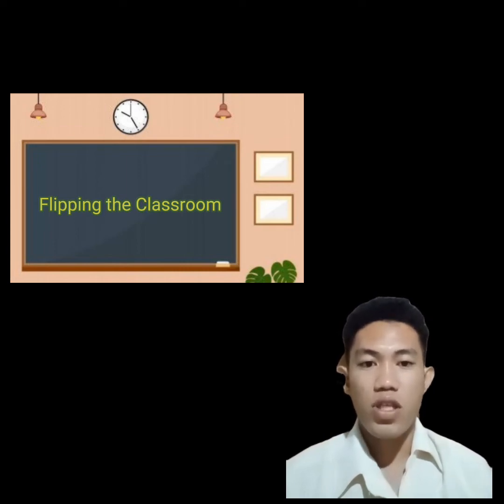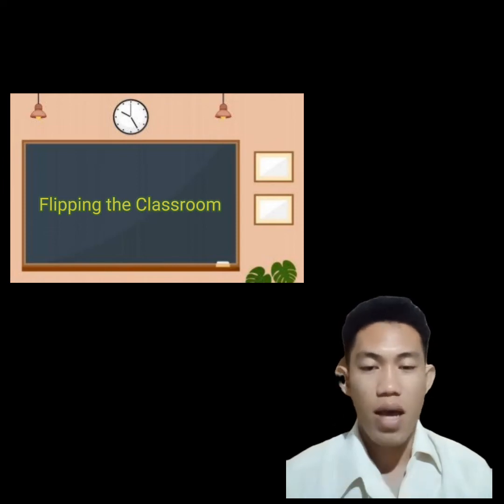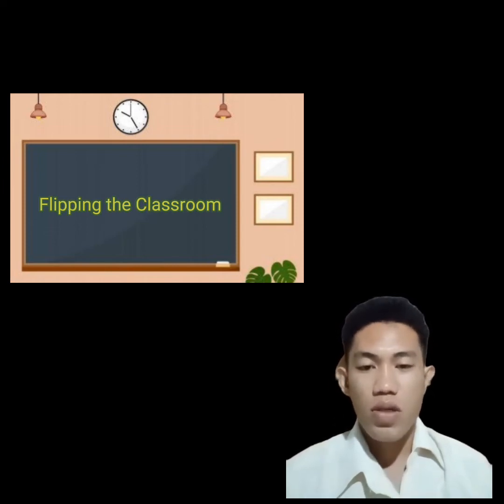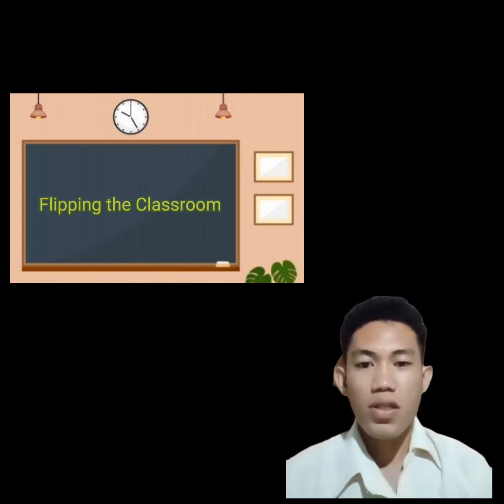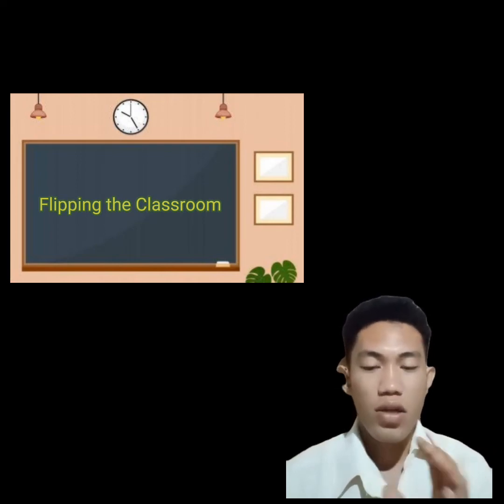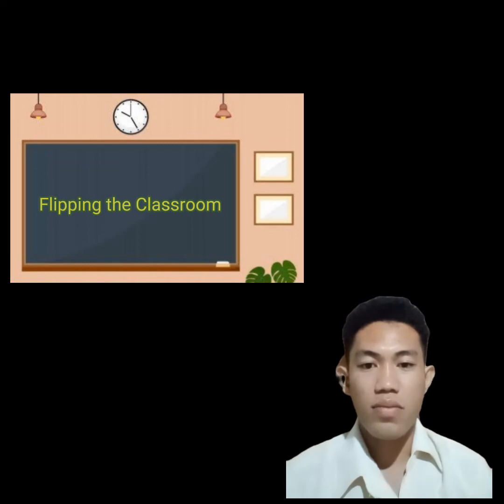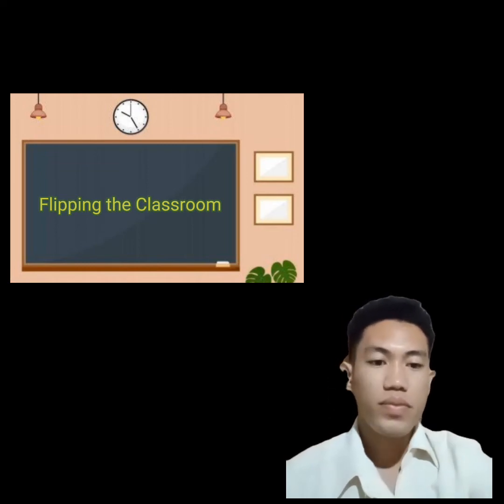For example, experimentation, like when you are scheduled in the laboratory, you are going to conduct the experiment. The teacher will supervise the students so that he or she can assist them properly. So the learning comes in that way.